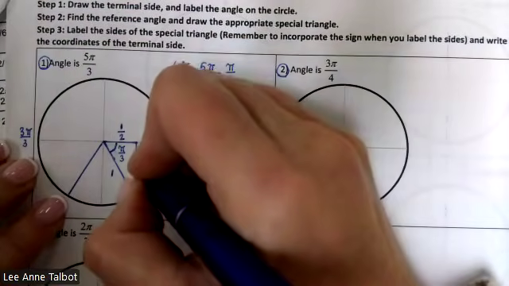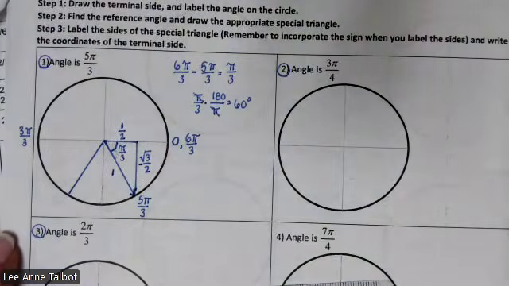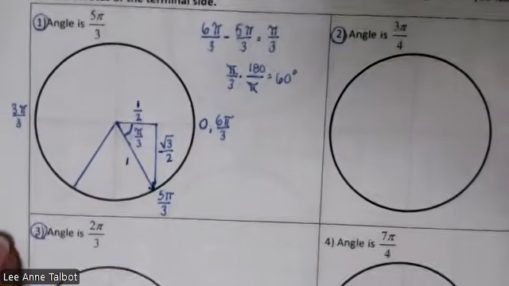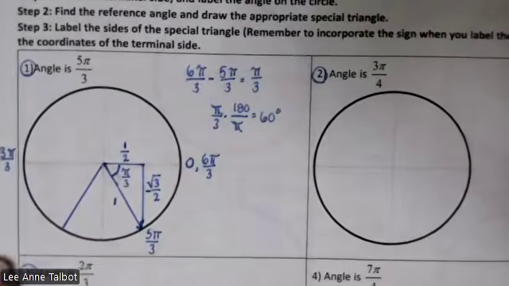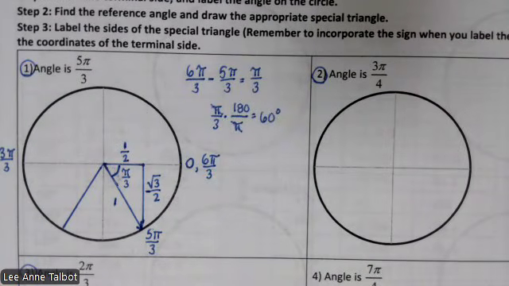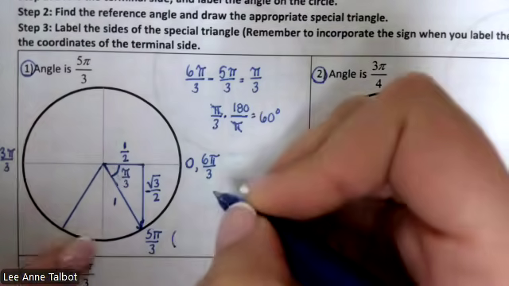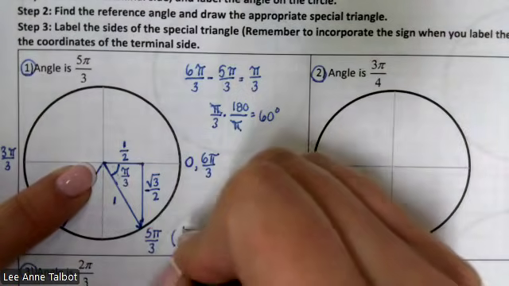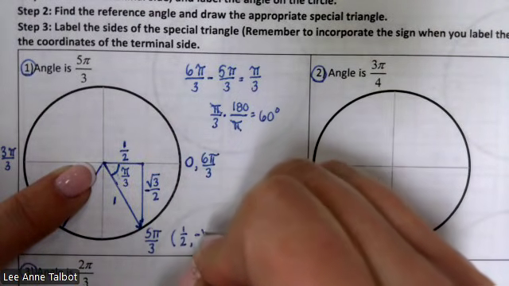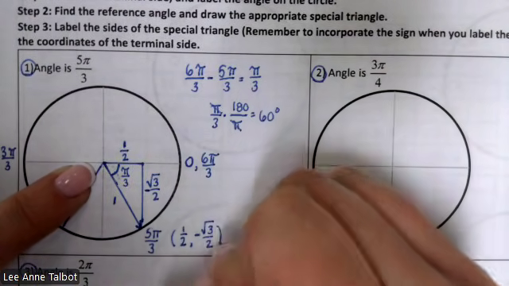So I need to put a negative in front of my √3/2. Label the sides of the special triangle, remember to incorporate the sign and then write the coordinates of the terminal side. The coordinate at 5π/3 is over 1/2 and down √3/2.